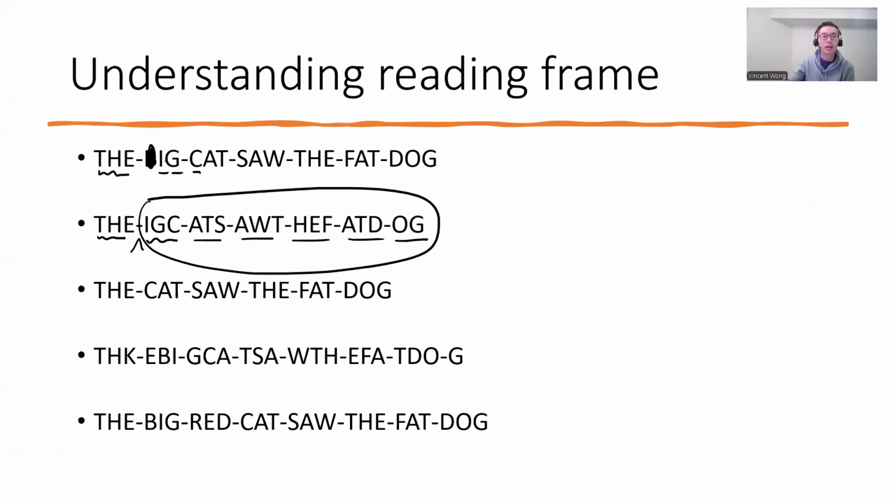This is called a frameshift. So if you delete a nucleotide, all the codons beyond that point are going to be wrong. They're going to be different codes. And if the codes are different, the amino acid will also be different.